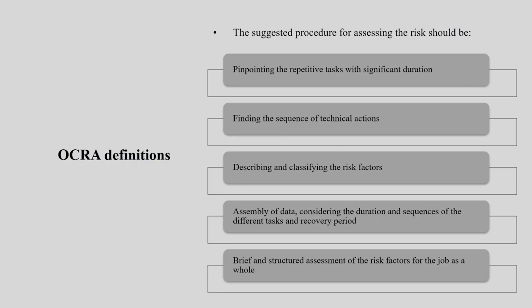First you have to identify the small element which is going to be repeated. Okay, that small action. Once you have that, find the sequence of actions. So maybe you have one technical action which is getting repeated, you identified. You see that in the same cycle there is another technical action which is also getting repeated. Maybe 2 or 3 such technical actions are there in a whole cycle.